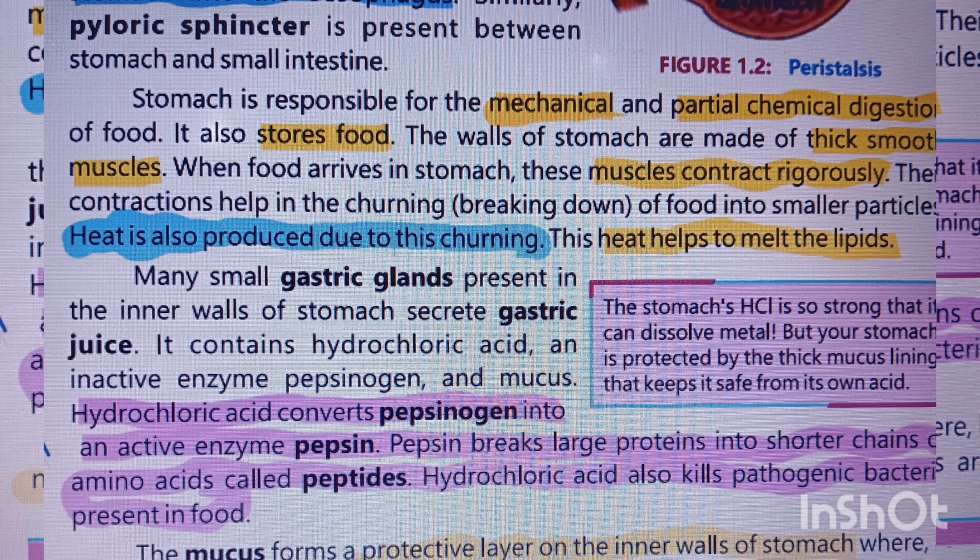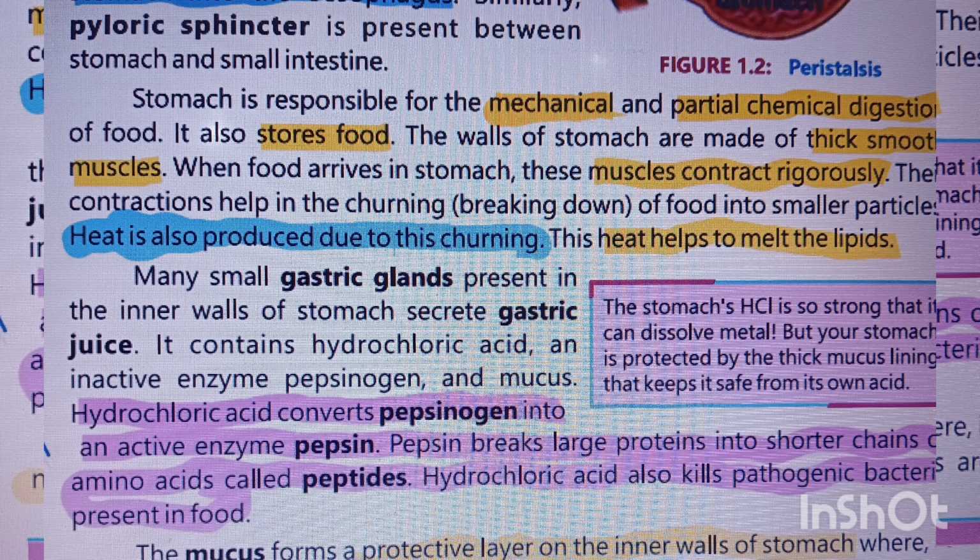Many gastric glands are present in the inner wall of the stomach that produce gastric juice. This gastric juice mainly consists of hydrochloric acid, and the inactive enzyme pepsinogen, which is released in this inactive form. The hydrochloric acid released by the gastric glands in the stomach wall converts pepsinogen from its inactive form into its active form, the pepsin enzyme.